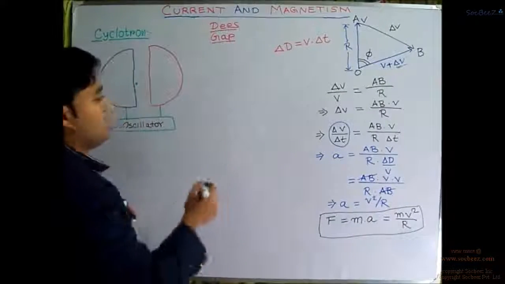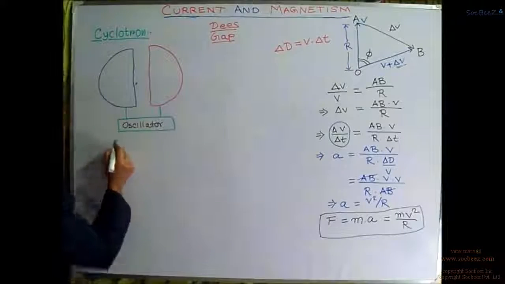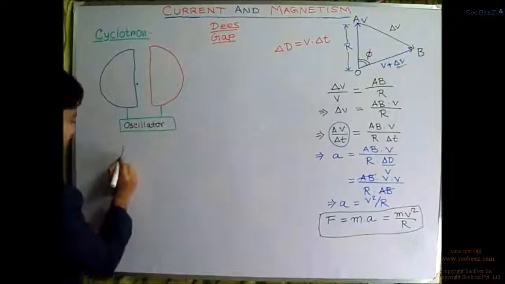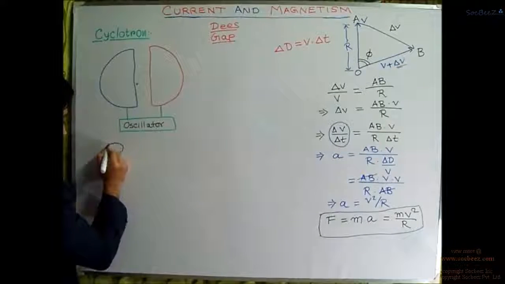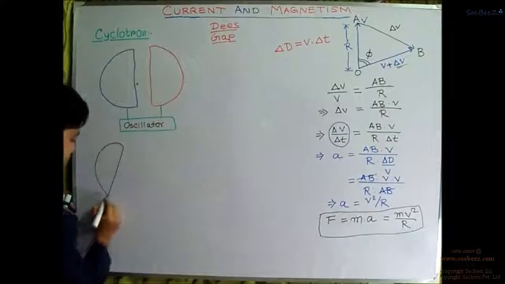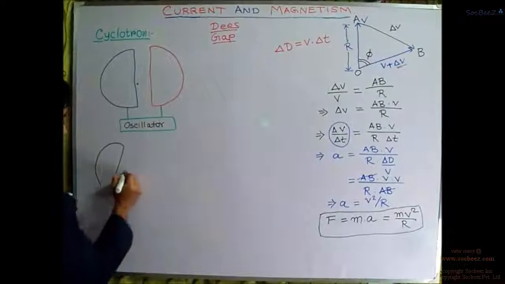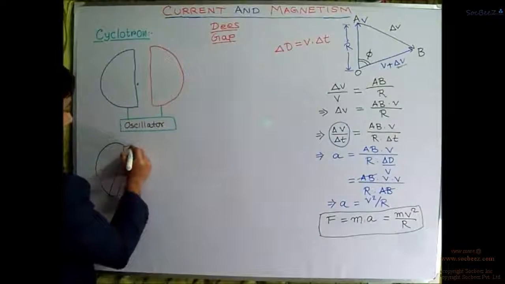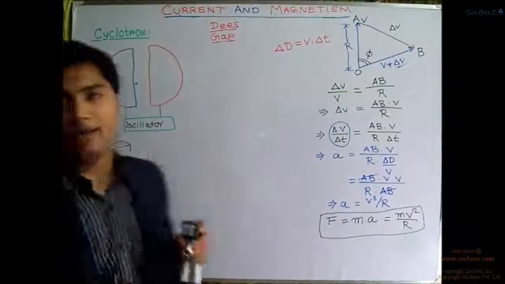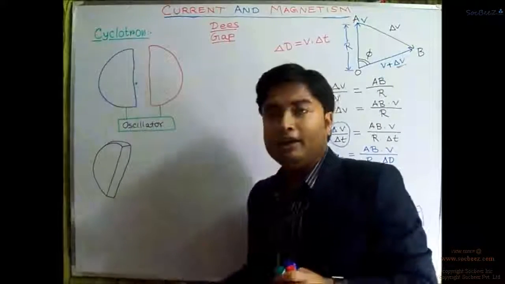This is what it could be shown as, like for example the 3D figure of the D shall be like this. Okay, so this is a D.